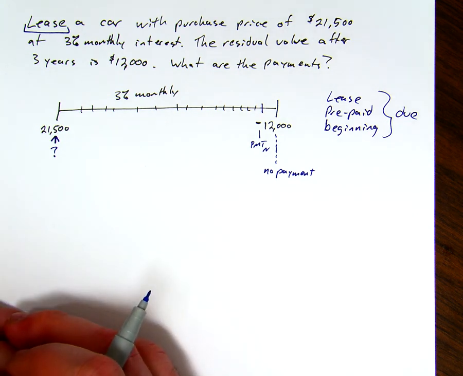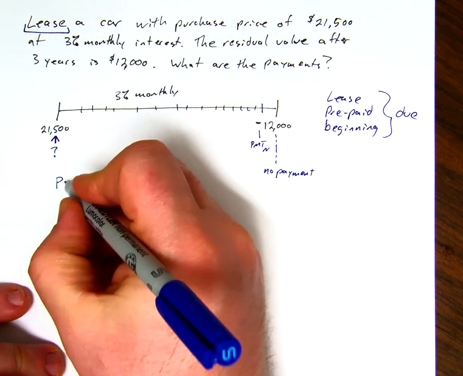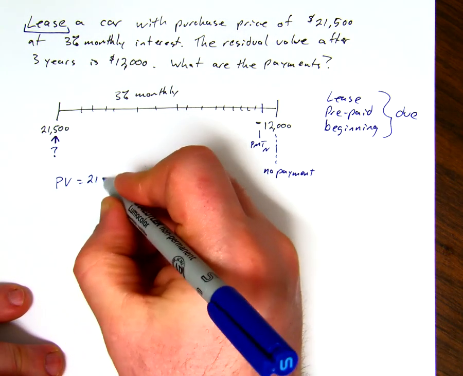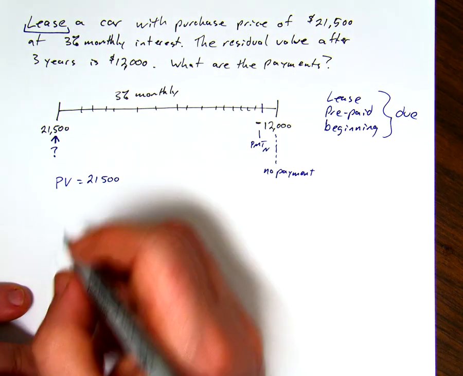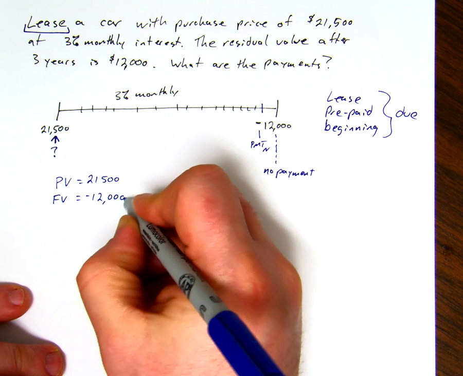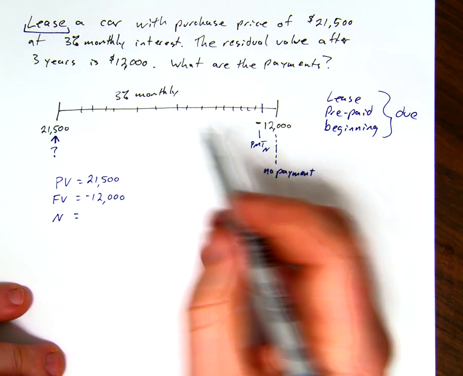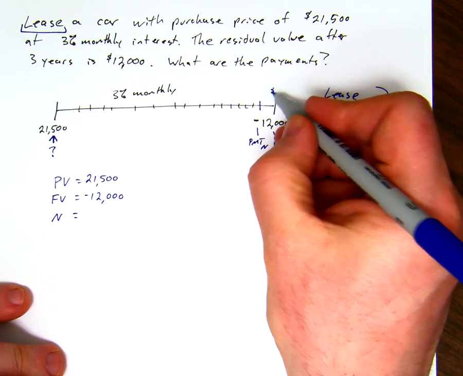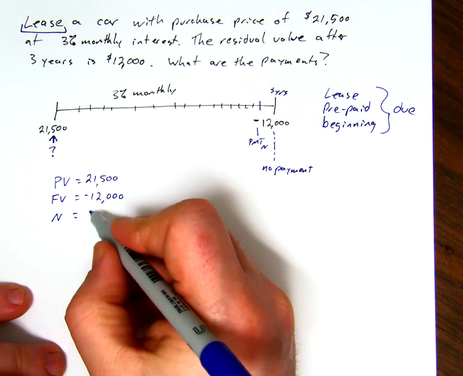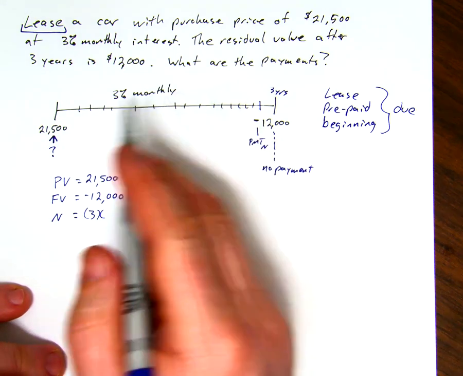Well, things don't change very much, and our calculator is nice enough to do a lot of the work for us. So again, we take all the values like we used to do. We have a present value, this is $21,500. We have a future value, this is negative $12,000. We have an N, this was 3 years at monthly.